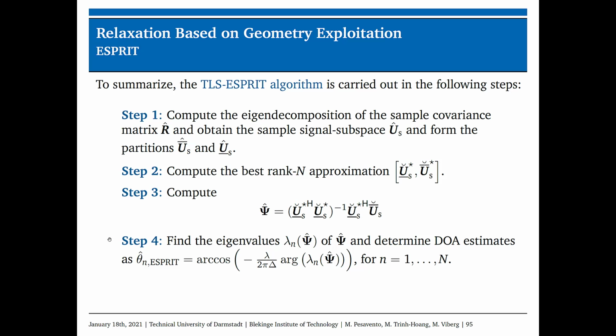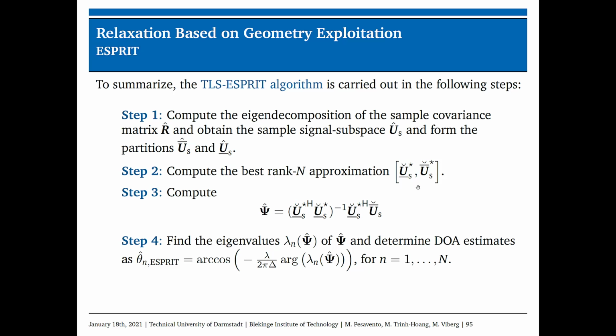First, we compute the eigendecomposition for the sample covariance matrix R hat to obtain the sample signal subspace matrix US hat, which we partition as US hat overbar and US hat underbar. Next, we compute the best rank n approximation using the singular value decomposition.